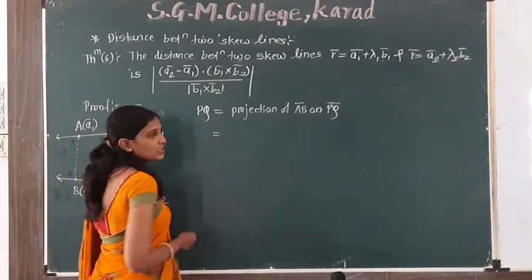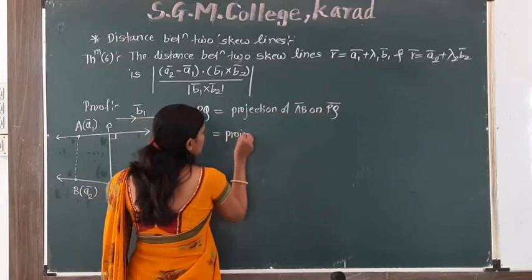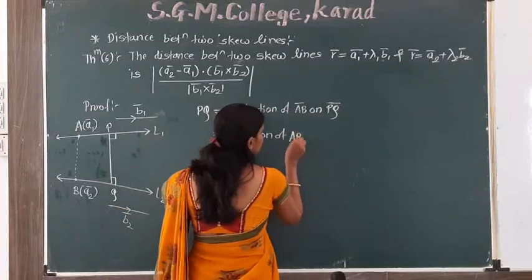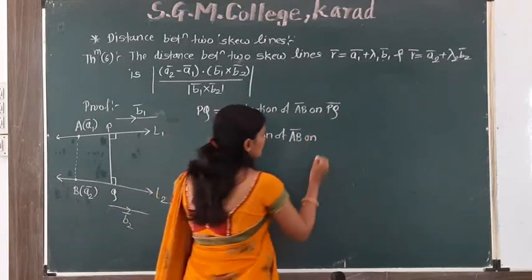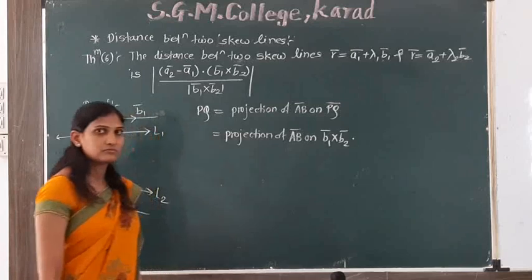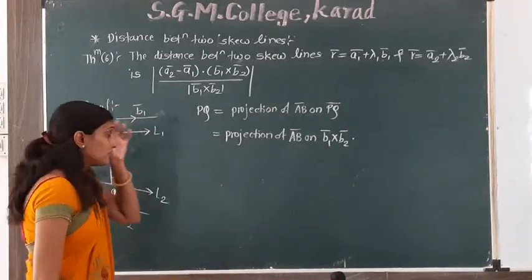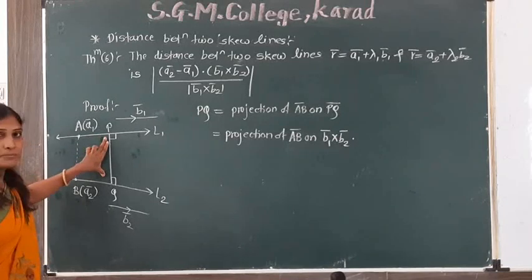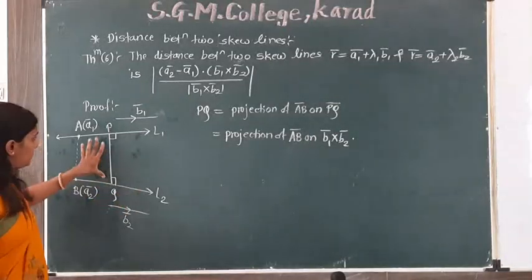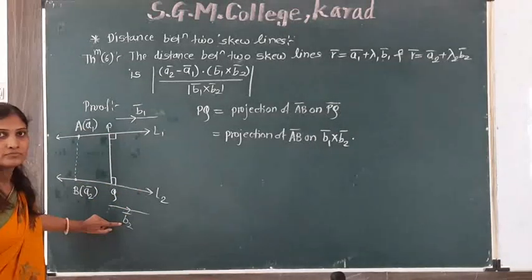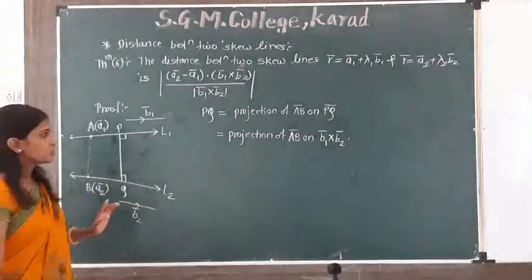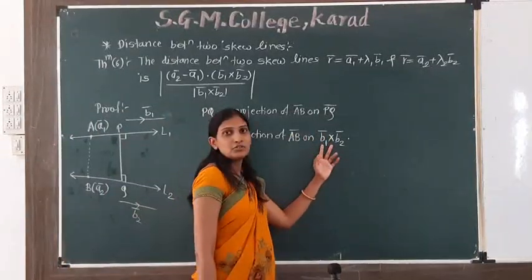So PQ is the projection of AB bar on B1 bar cross B2 bar. How does this happen? B1 is parallel to L1, B2 is parallel to L2, and PQ is perpendicular to B1 and B2, so PQ is parallel to B1 cross B2.